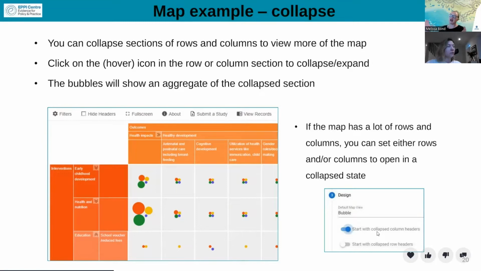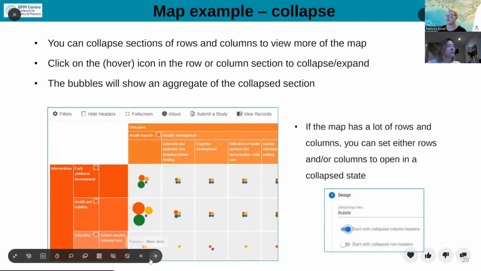It means they can start with a slightly more condensed map, and then the user can choose which area they'd like to focus on. So say, for example, they were only really interested in health and nutrition intervention, they would be able to expand that and look at that information in greater detail without needing to look at everything and maybe getting a bit confused if there's a lot of information. So I think that's a really great new development.